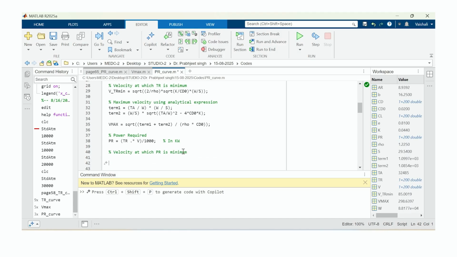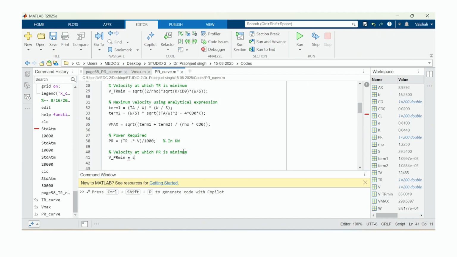Alright, so let me write here V underscore PR minimum. Okay, so that was the expression: 2W by rho S, square root of 3 CD naught by K, to the power 1 by 2.